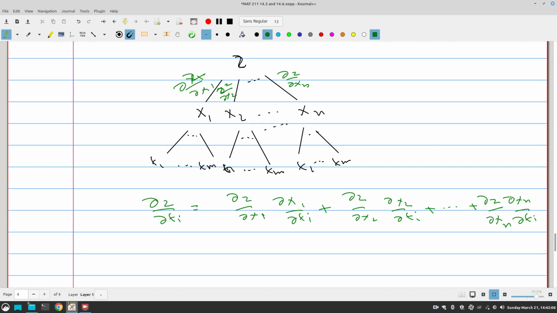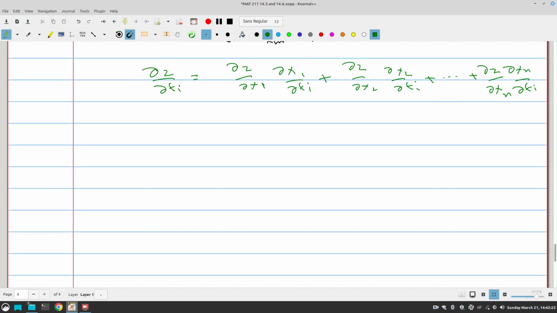So for example, if you have a situation in which W equals f of x, y, z, t, and x equals x of u, v, y equals y of u, v, z equals z of u, v, and t equals some t of u, v.